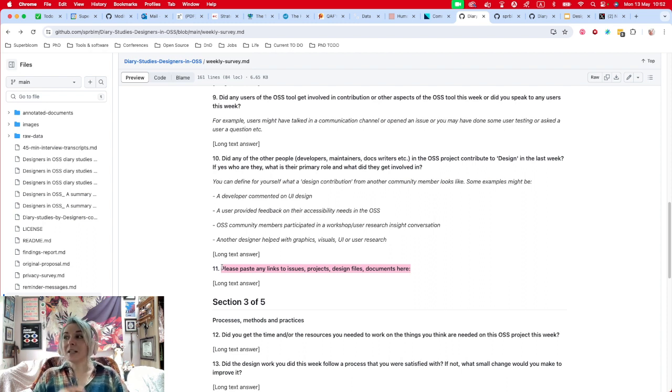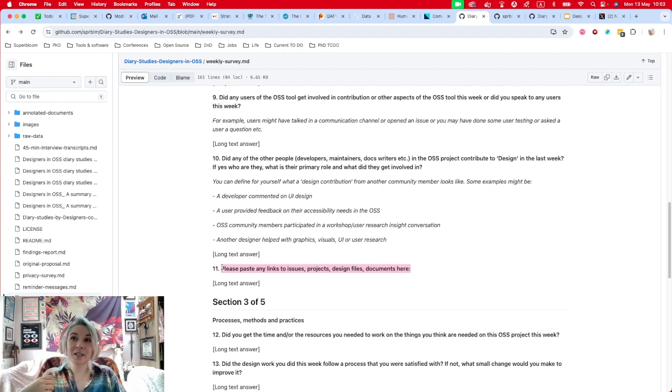And to see the difference between what kinds of things people were sharing. So whether designers were linking to issues in repositories, whether that was a specific design repository or a project-wide repository, or whether they were linking to design files like Figma links or Penpot links or other links.